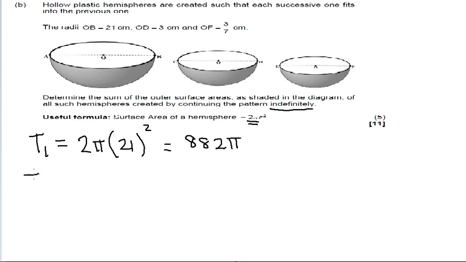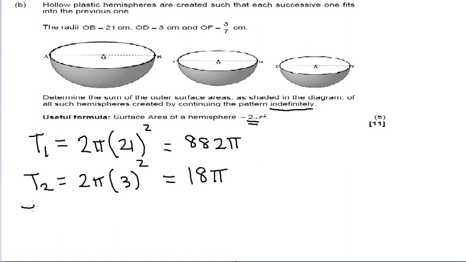I now can work out the second area, so I'm going to sub in the second radius, which is 3 centimeters squared, and that's going to give me 18 pi. And for completeness, I'll do one more.